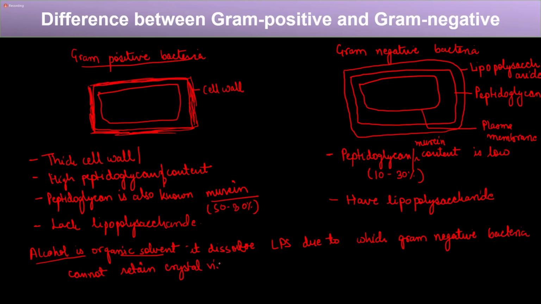They cannot retain the crystal violet dye, and because of this, they appear pink in color when seen under the microscope, while the gram-positive bacteria appear violet or purple in color. So this is what we saw about the difference between gram-negative and gram-positive bacteria.